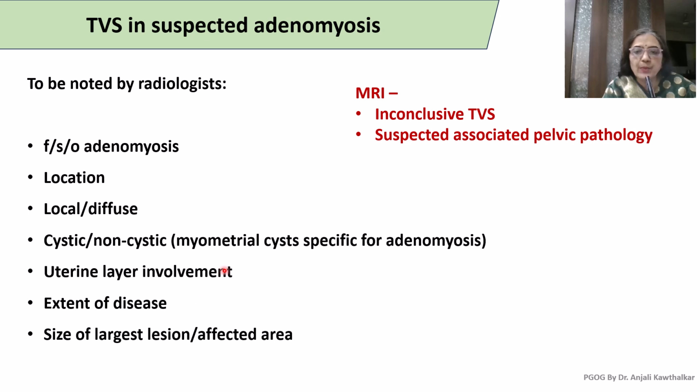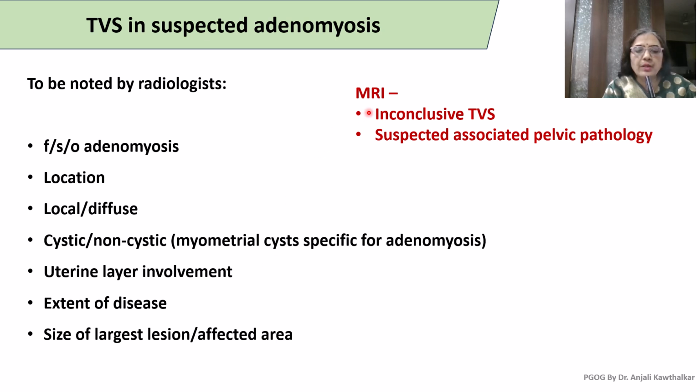So that is what is expected. Now, if you get a report of adenomyosis, please ask your sonologist to comment on all these points, because it helps in clinical correlation and in the management plan also. That is why you need a sonography or MRI report which includes all these features whenever a case is reported as adenomyosis.